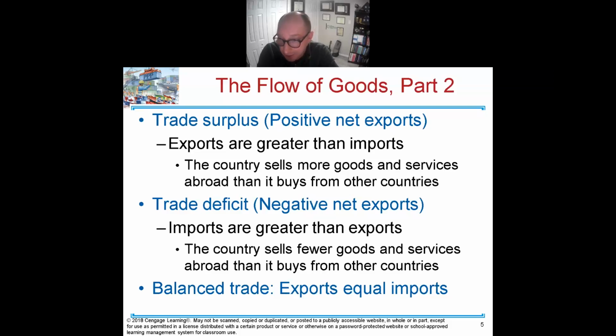Other countries need more wheat. So the United States will export more wheat than it will import. Therefore, the United States has a trade surplus for wheat. Because you can have trade surpluses or deficits for commodities, for products, or as a whole.